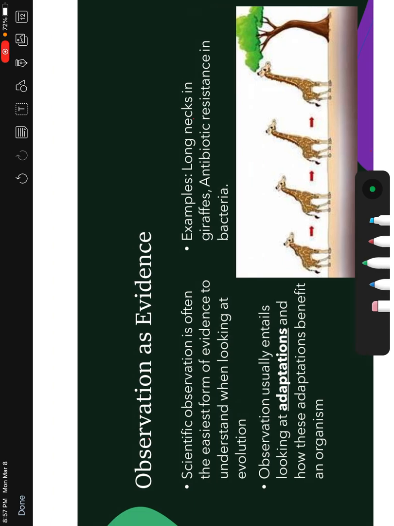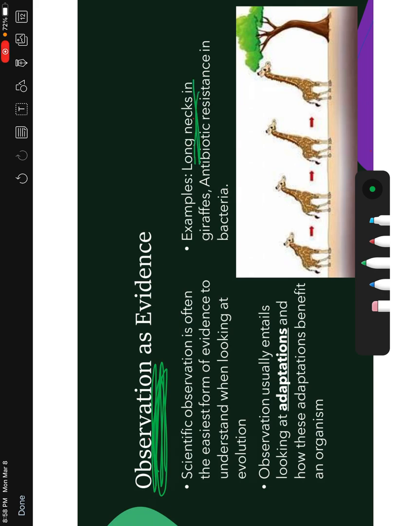Alright, so now we are going to get into our first form of evidence, and that is going to be observation. Scientific observation is often the easiest form of evidence to understand when looking at evolution, and observation usually entails looking at adaptations and how these adaptations benefit an organism, and then how that adaptation begins to spread into the population and become more of a common thing to be seen.